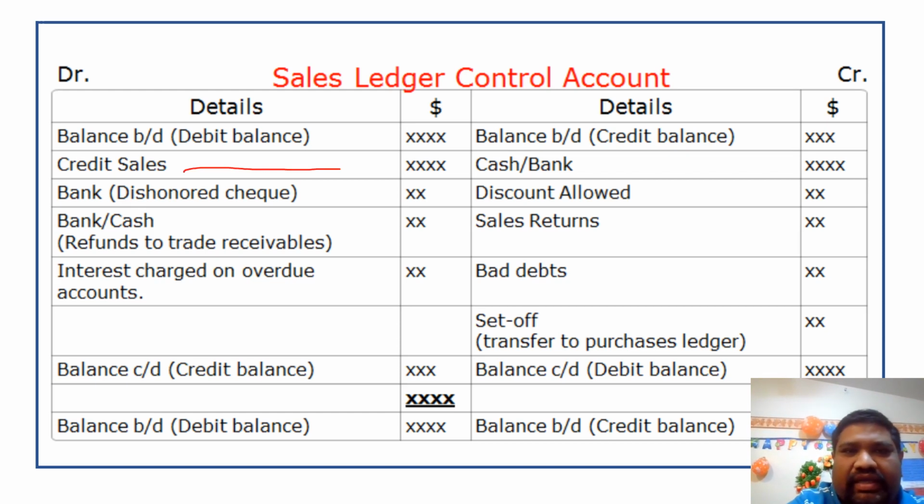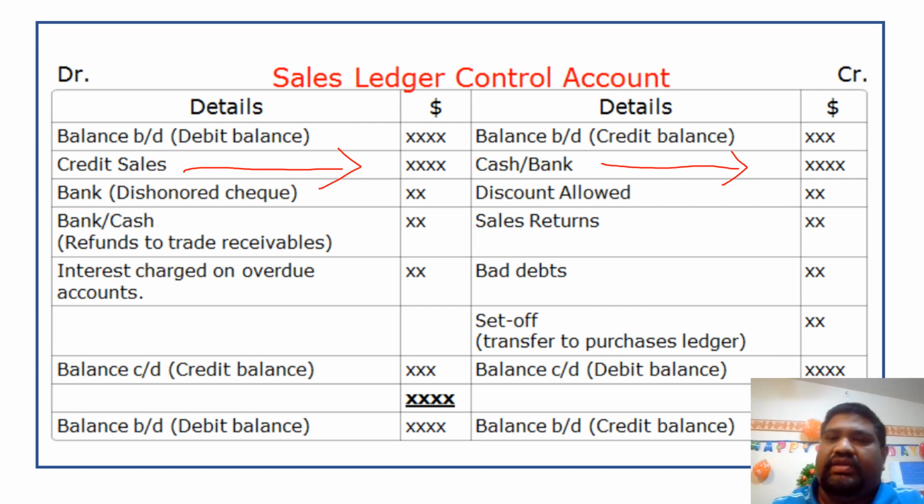Credit sales, yes, of course. For these sales, we receive cash or cheque from the bank. If we are receiving before the promised date, we may allow some discount. Understand? If we receive the amount before the promised date, we give some discount to the customers.